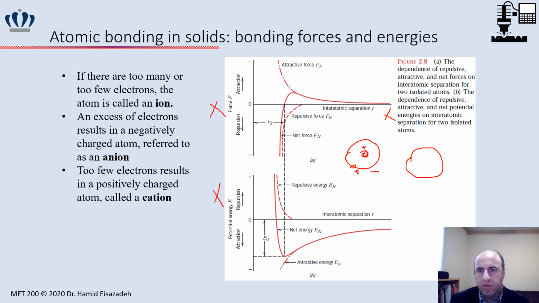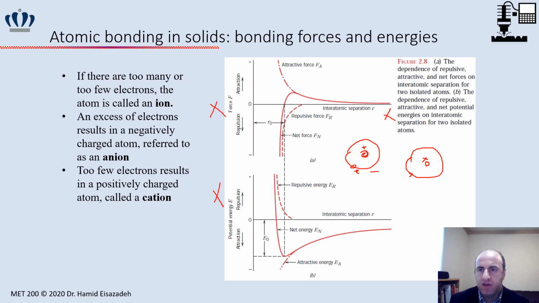This is another atom. When you bring these two atoms together, initially we have more attraction, because this electron is attracted to this nucleus, which is positive, right?